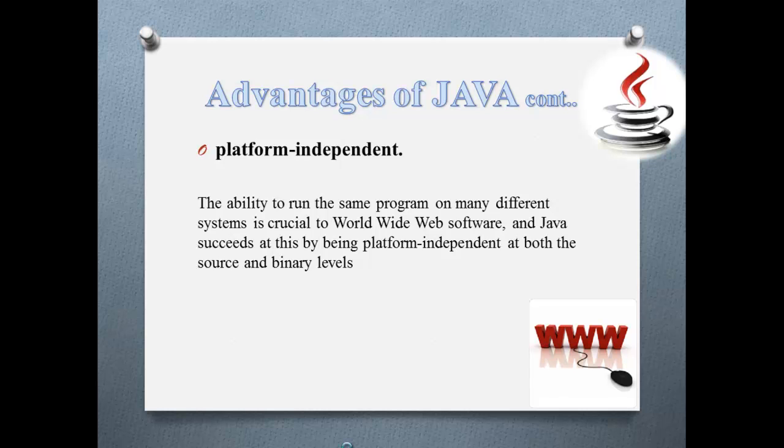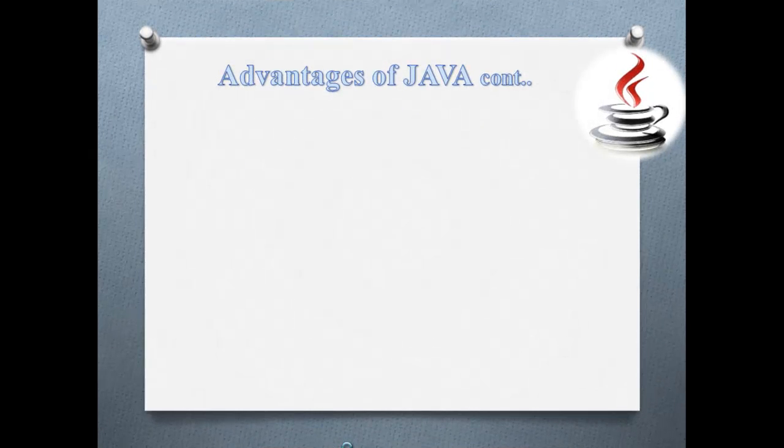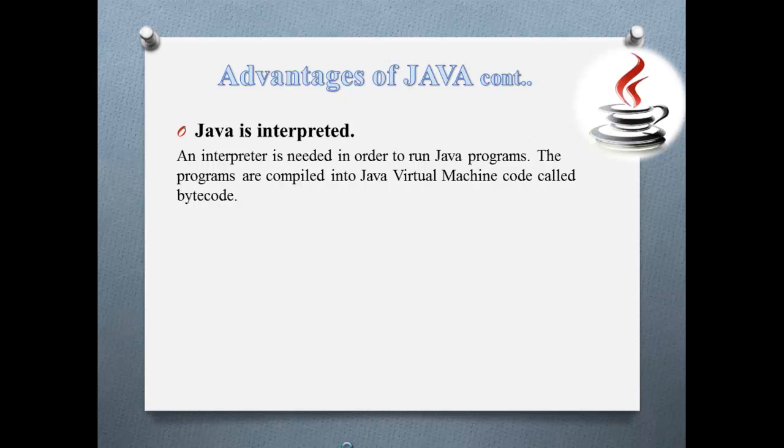The ability to run the same program on many different systems is crucial to World Wide Web software, and Java succeeds at this by being platform independent at both the source and binary levels. Java is interpreted. An interpreter is needed in order to run Java programs.